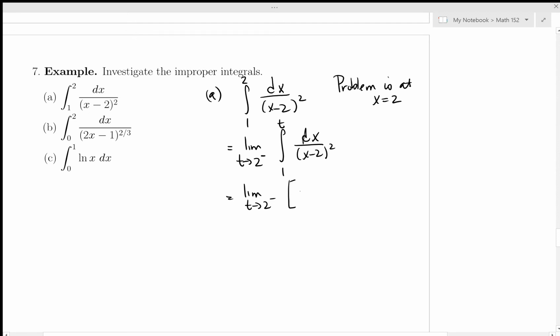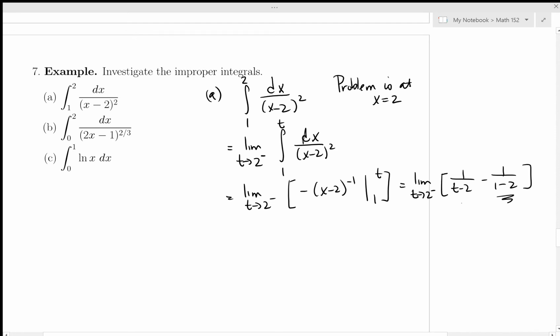We get minus x minus 2 to the minus 1 evaluated at 1 and t, and then we do that algebra there, and we get 1 over t minus 2 minus 1 over 1 minus 2.